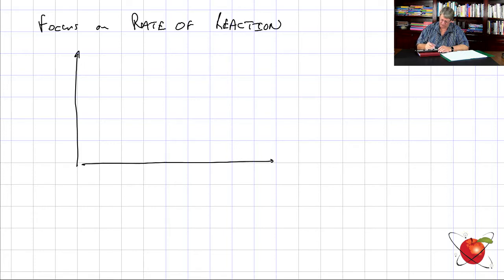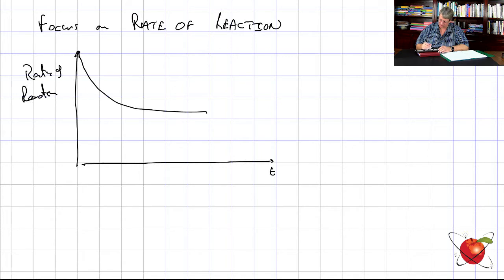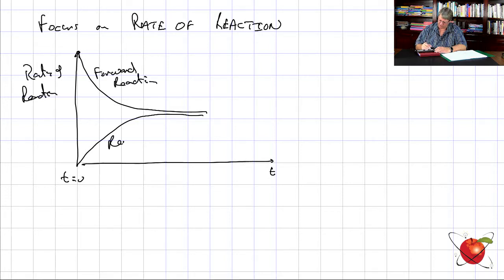This is the rate of the reaction, this is time, and at the beginning, as usual, we started off, but now they come together like that. This was at t equals 0. This is the forward reaction. And this is the reverse reaction. At equilibrium over here, the forward rate is equal to the reverse rate.